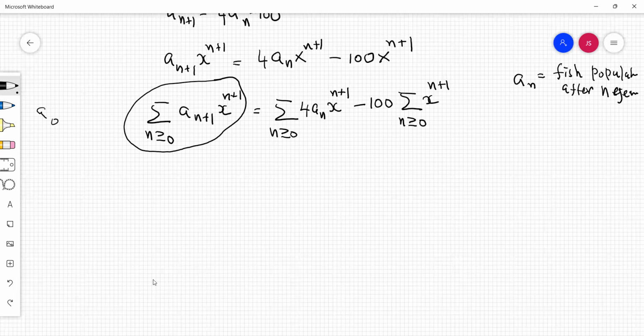You get up to a_1, that one starts with a_1 x, a_2 x squared, like that, right? What is the associated power series for this sequence? It is the sum of a_n x^n, n greater than or equal to 0. Let's say this is equal to g(x). Now if you calculate the associated function for g(x), we are done, right?